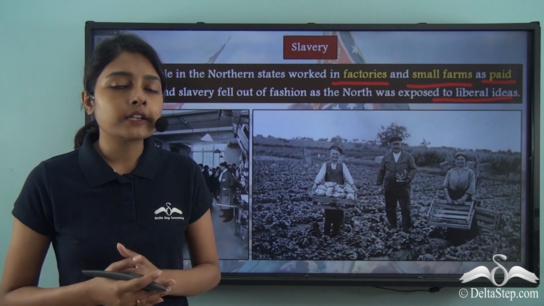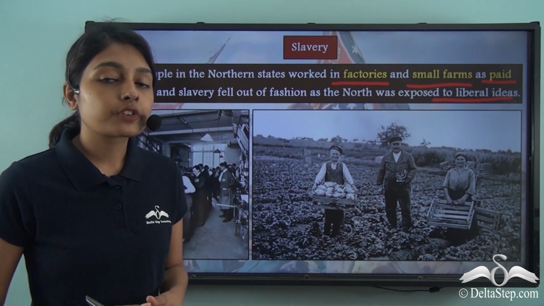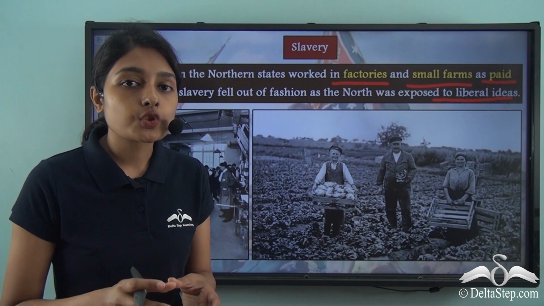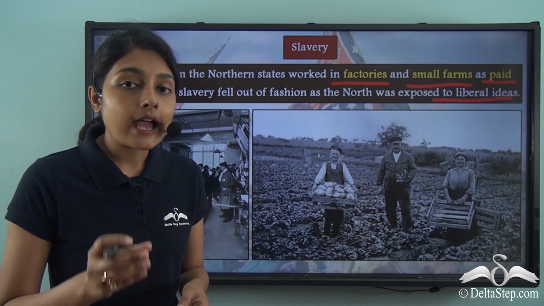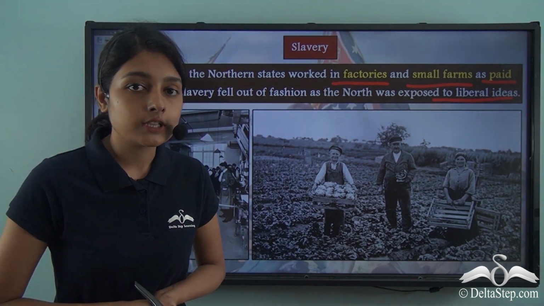There was no kind of slavery practiced in the northern states. The laborers were well paid for the work they had to do. Now, this shows you the beginning of the split between the northern and the southern states, and it was the issue of slavery that was at the center of it all.